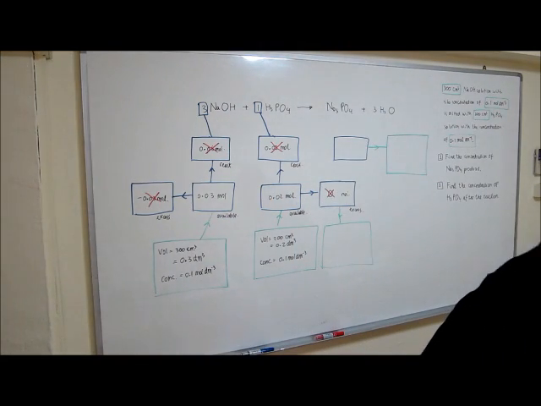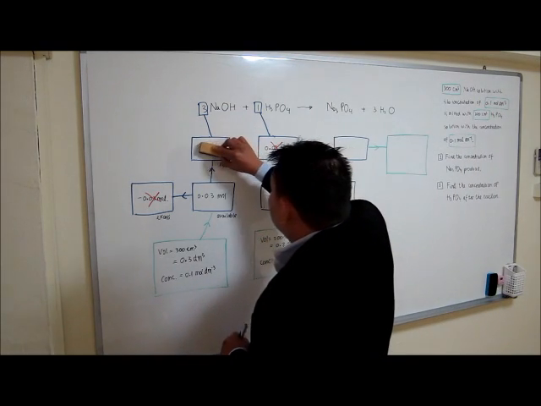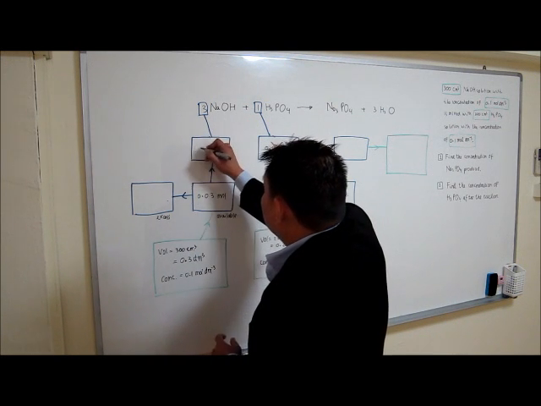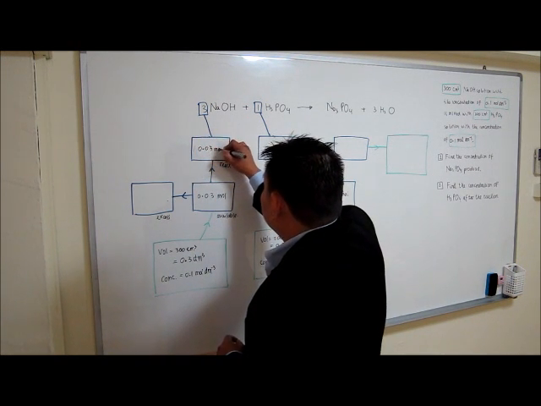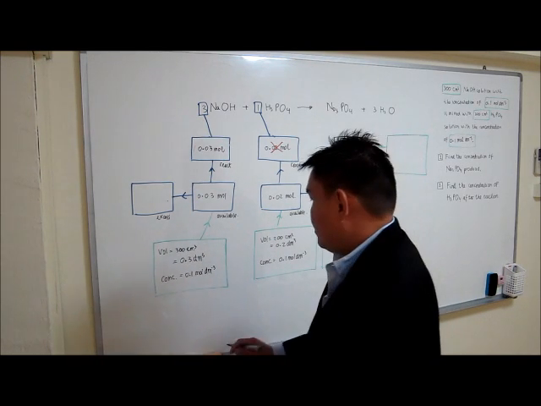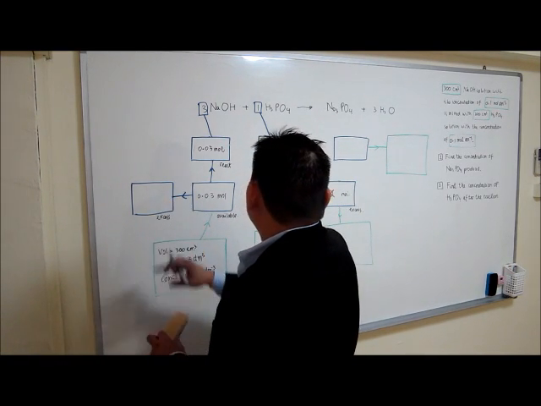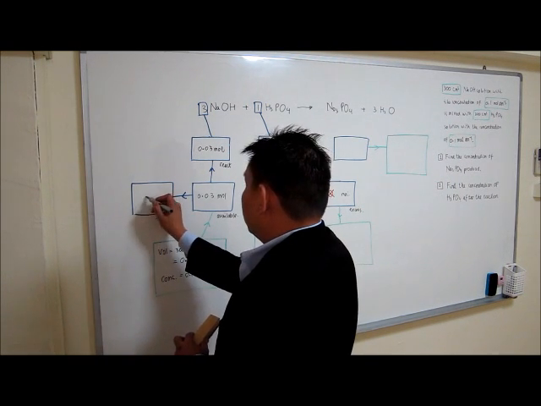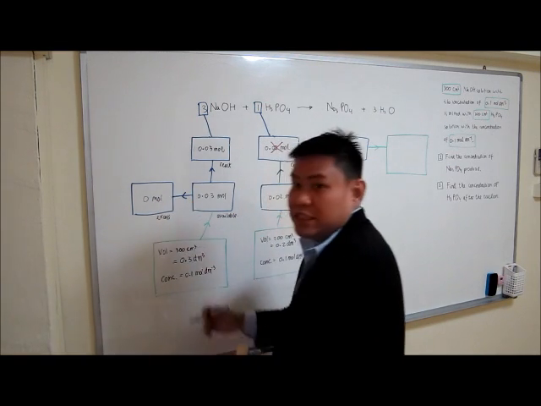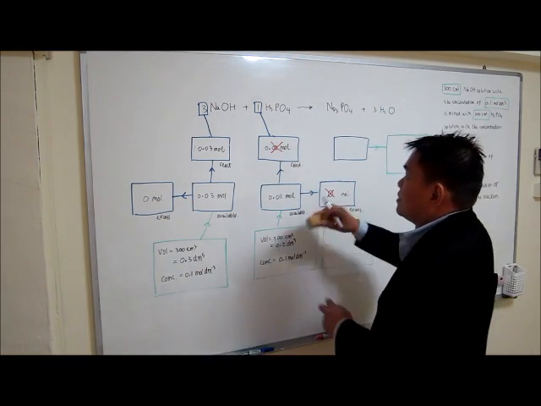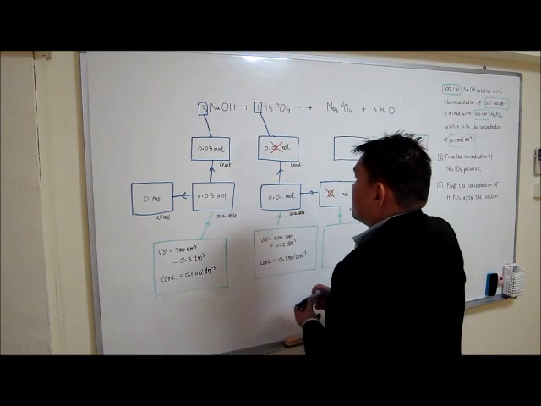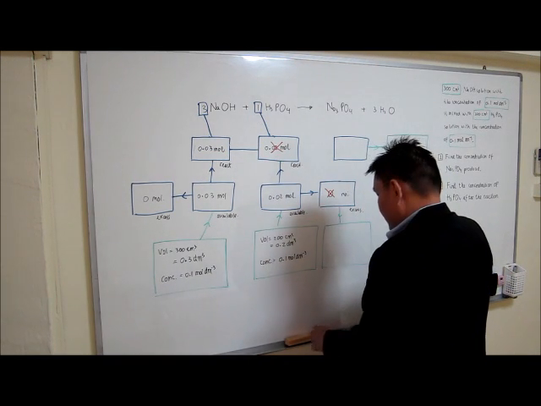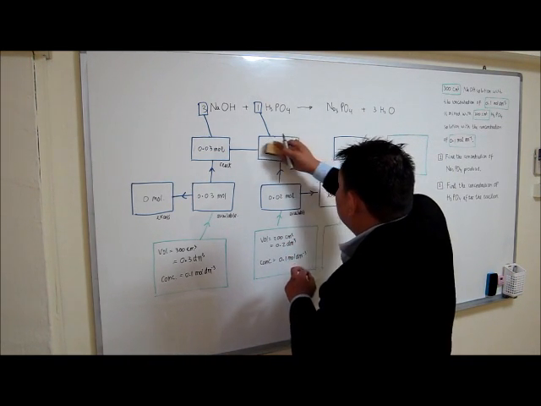So if you do that, you're going to have 0.03 mole of sodium hydroxide that reacts, and 0 mole in excess, which means there's no excess sodium hydroxide. The ratio must be 1:3. So you're going to have 0.01 mole.